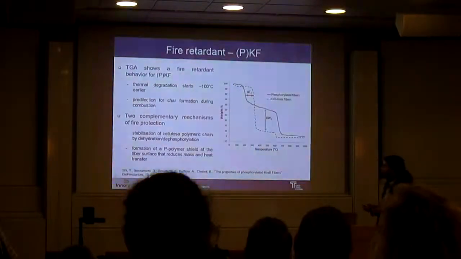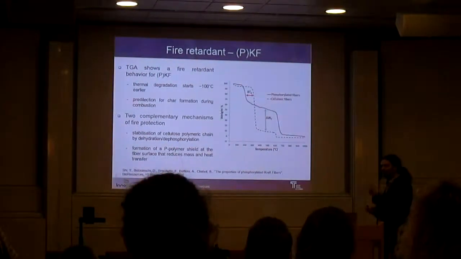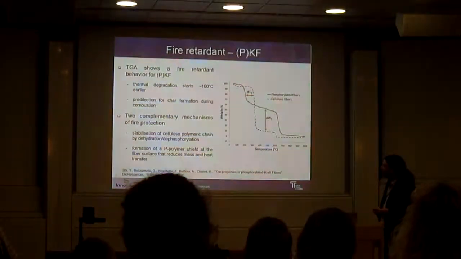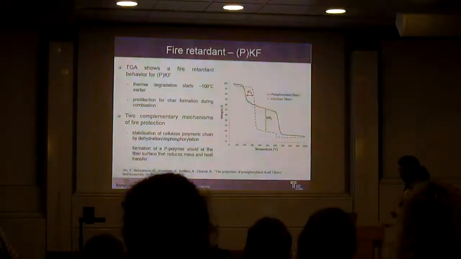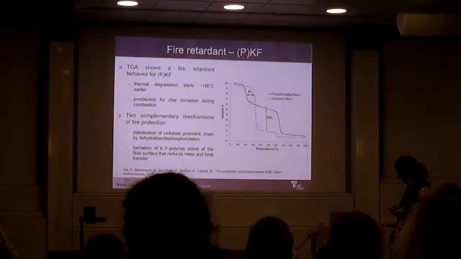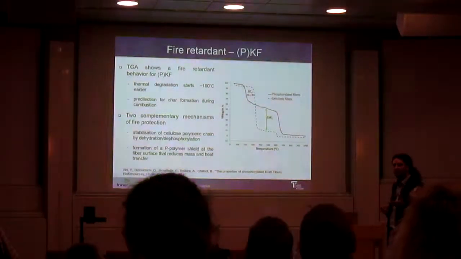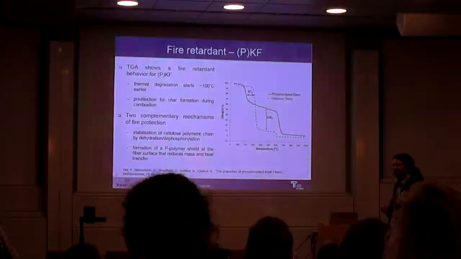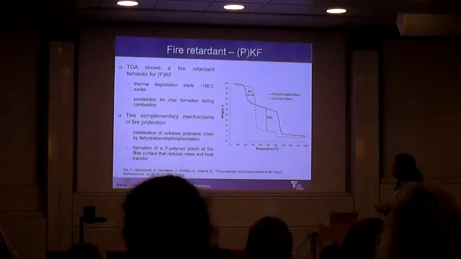And what are the applications which can be tailored with this phosphorylation reaction? I will start with fire retardant behavior. Grafting phosphate to the fiber will increase the flame retardant behavior of the cellulose.